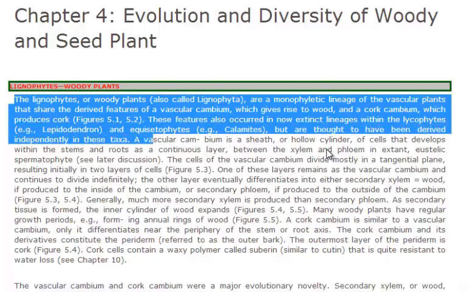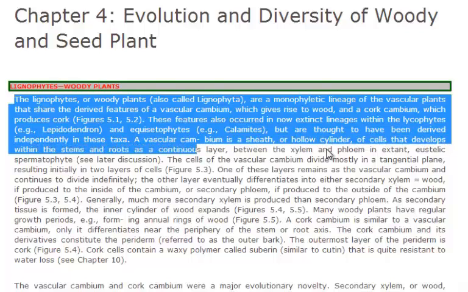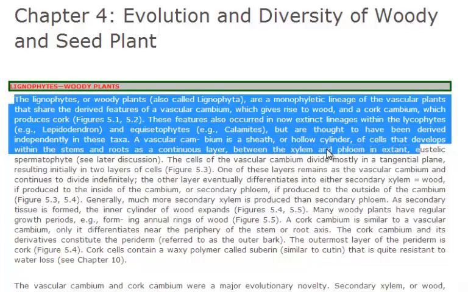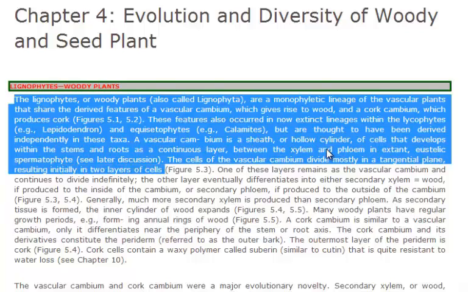A vascular cambium is a sheet or hollow cylinder of cells that develops within the stems and roots as a continuous layer between the xylem and phloem in extant spermatophytes. See later discussion. The cells of the vascular cambium divide mostly in the tangential plane, resulting initially in two layers of cells.